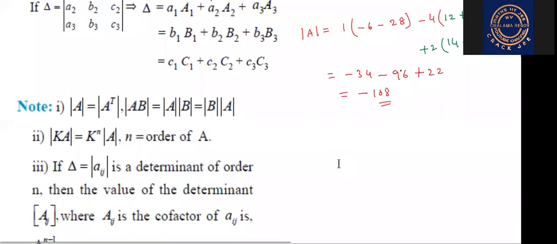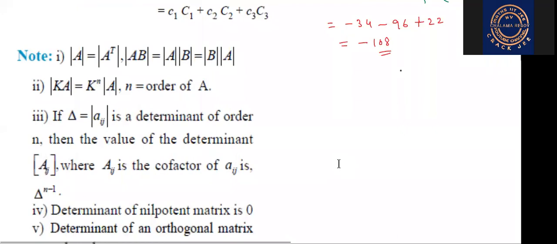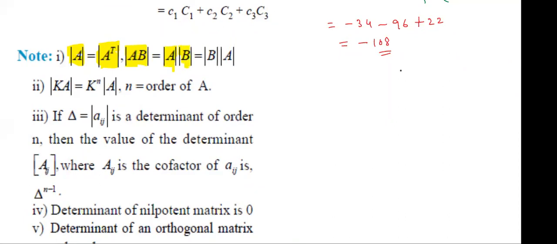Next, note down the properties. Det A is equal to det of A transpose. Det AB is equal to det A into det B, or det B into det A, either. Note down these properties, students.